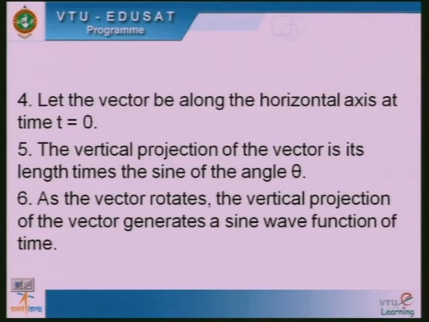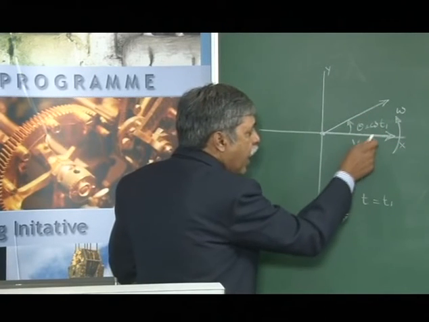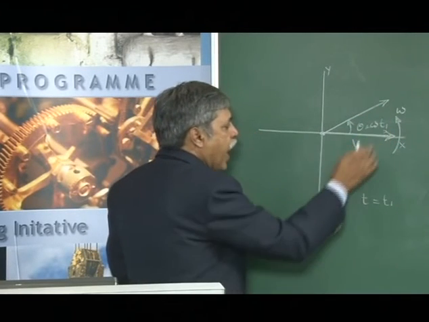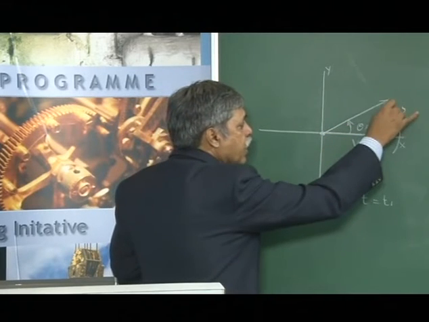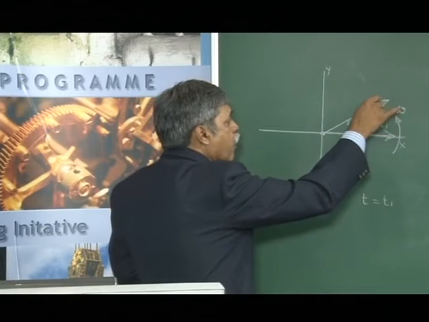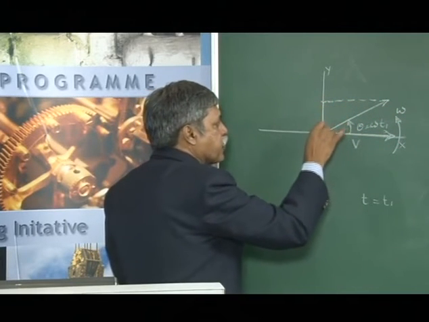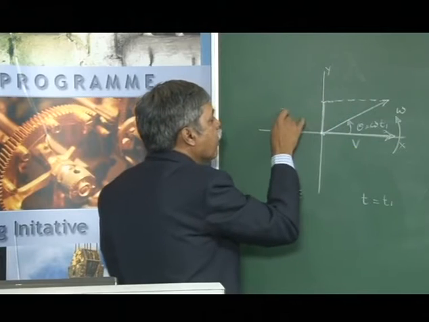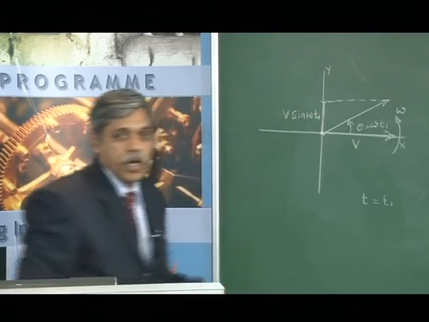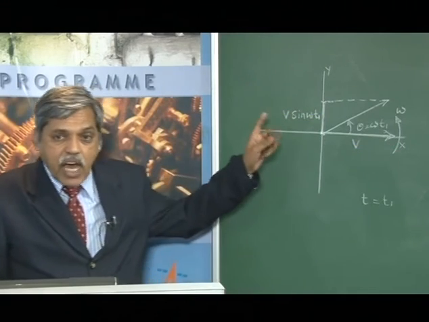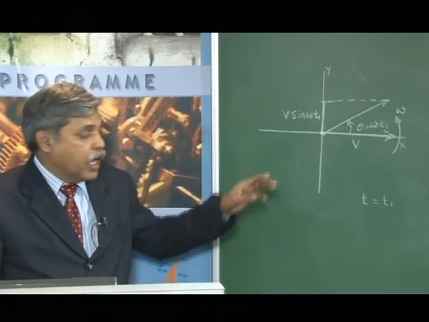That means when you move the vector in the counterclockwise direction at t equal to t1, the angle by which the vector moves is theta equal to omega t1, then this vector will have a projection on the vertical axis, and if I measure the projection here, this is given by v sine of omega t1.